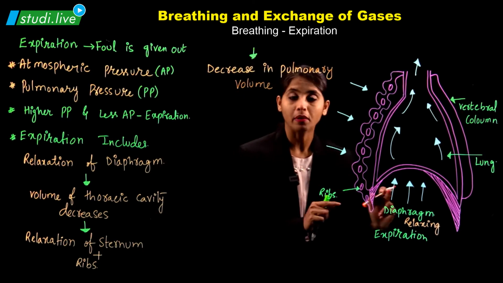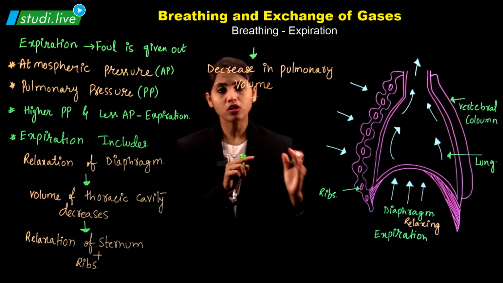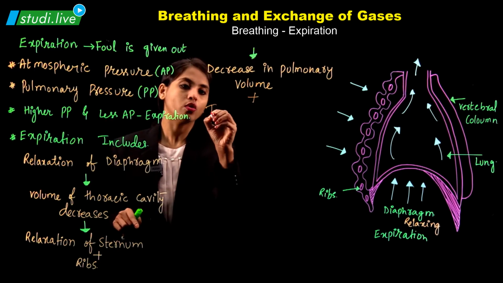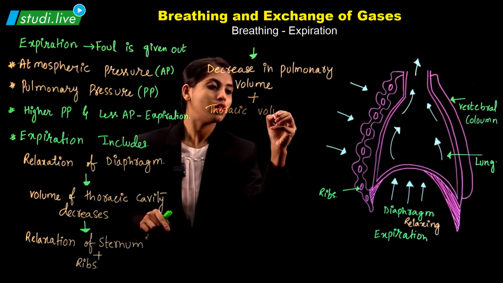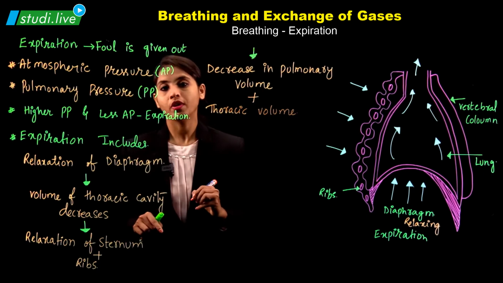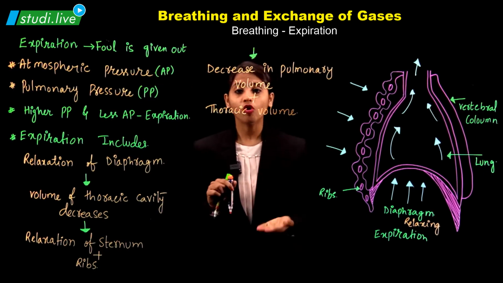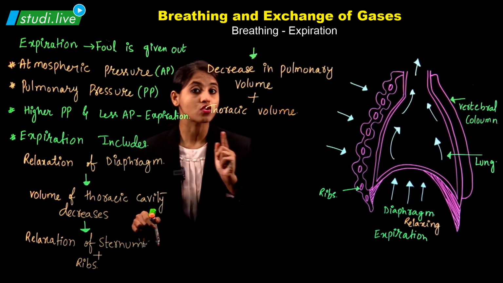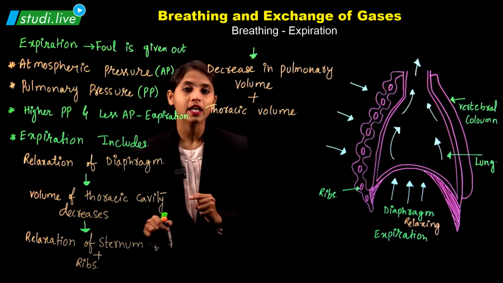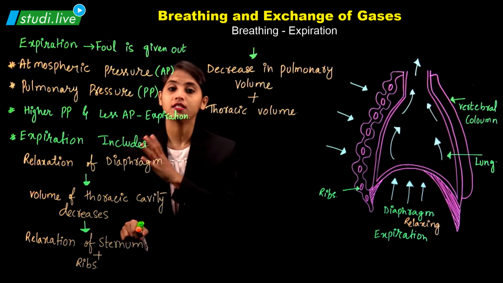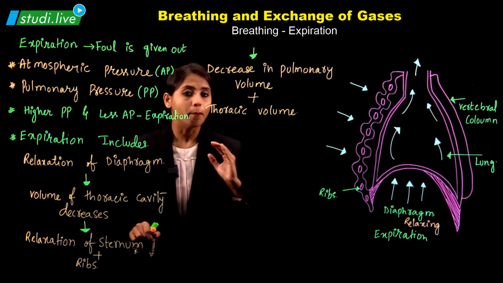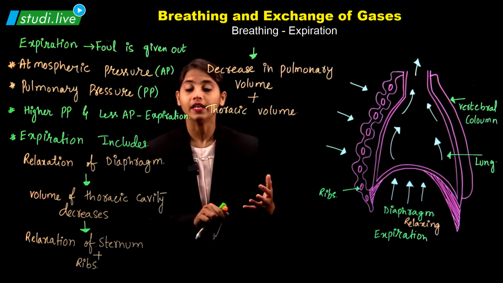Along with the decrease in the pulmonary volume, there will also be a decrease in the thoracic volume. Now students, you tell me, when you are breathing in, you are taking extra oxygen from the surroundings, which is filtered, and then the exchange of gases, the diffusion of gases, takes place in the alveoli. But once the diffusion has taken place, what will happen?